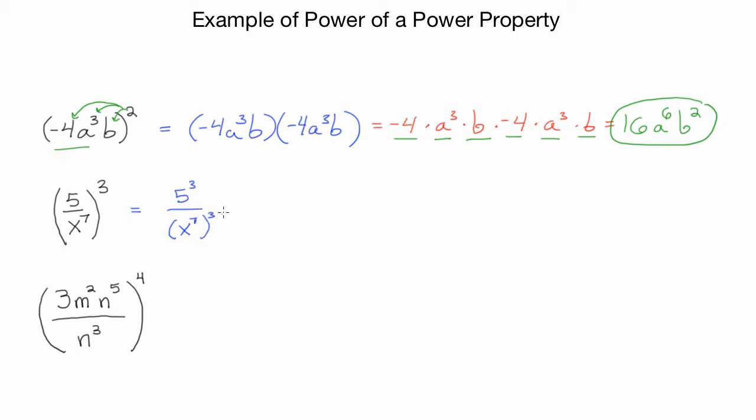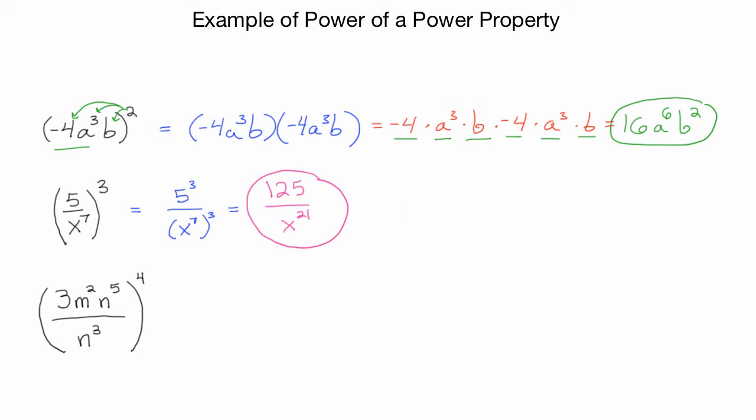And you can see why we need the power of a power property to simplify this. 5 to the third on top is just 125. But on the bottom, x to the 7th, all to the third, I have 3 groups of 7 x's, which means I have 7 times 3, which is 21 x's. So it turns into x to the 21st power.